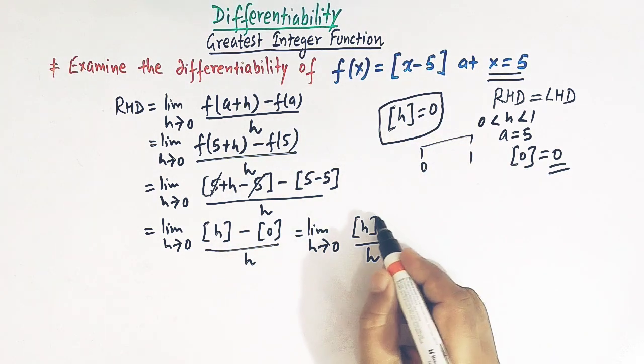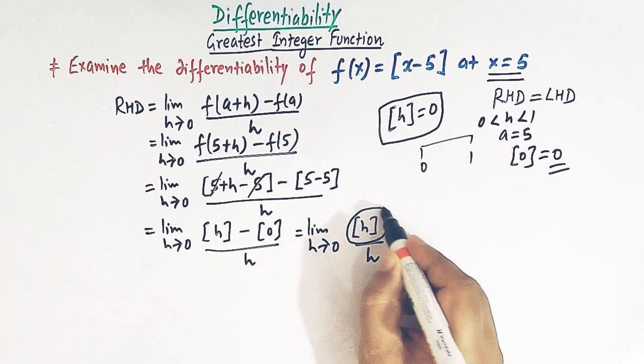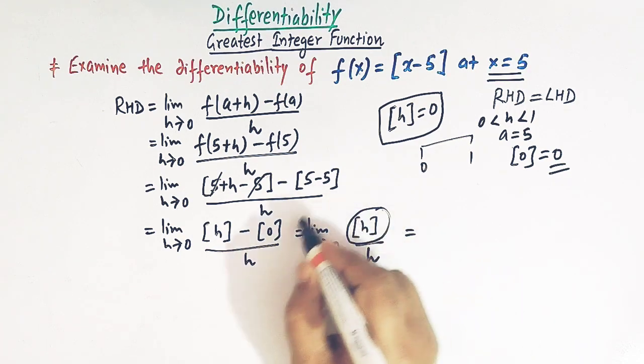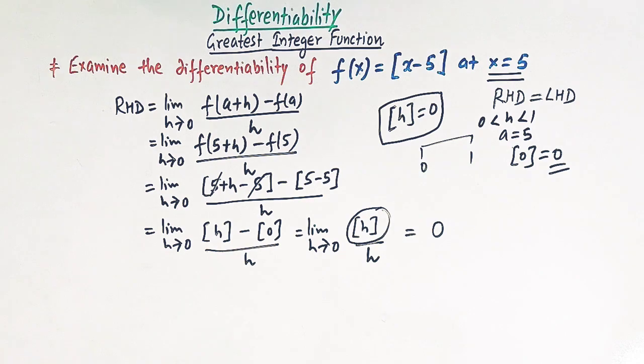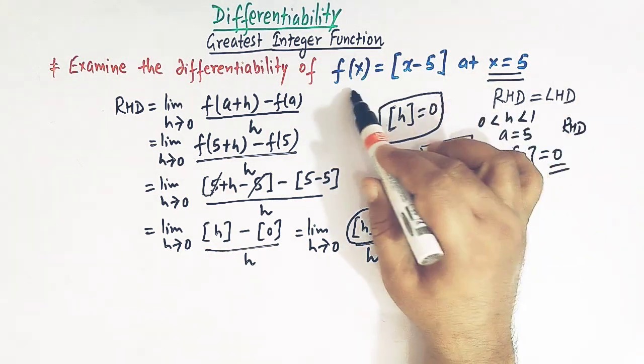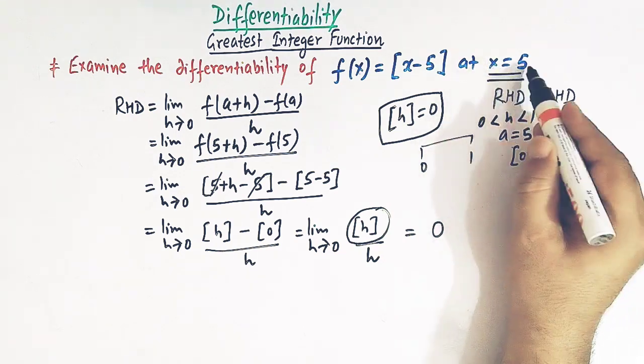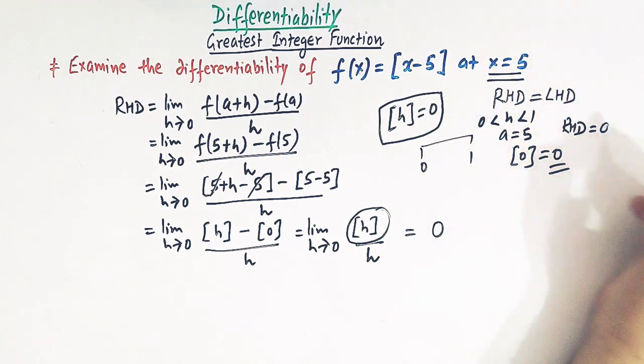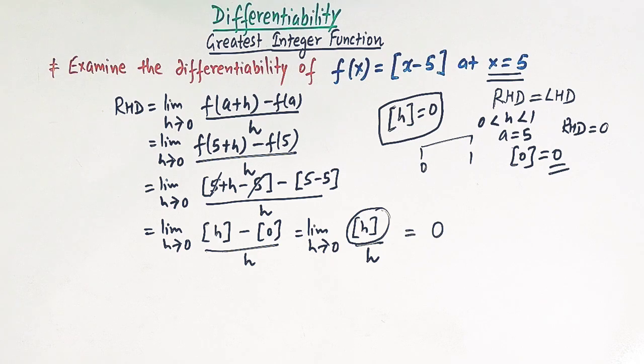So the numerator becomes 0 and the entire limit is 0. So the right hand derivative of this function at x is equal to 5 is 0.